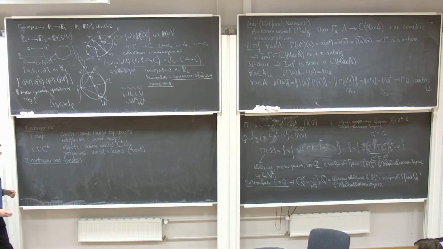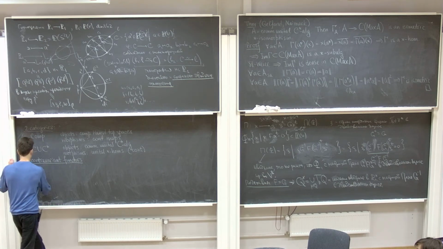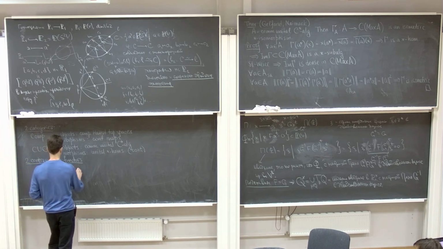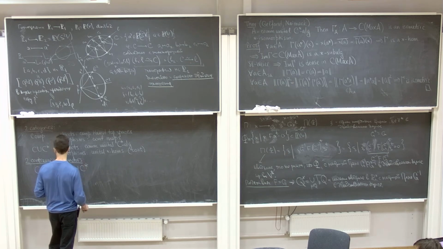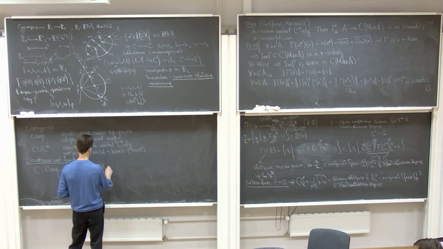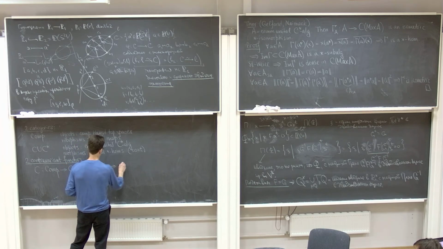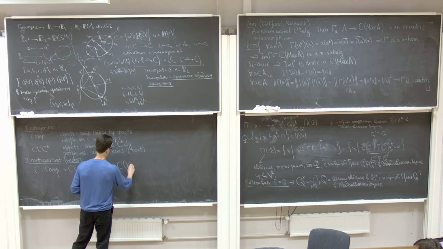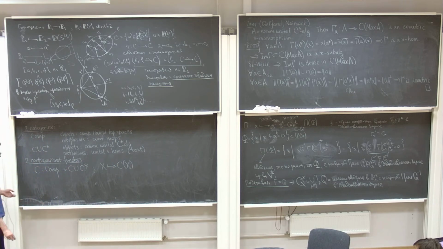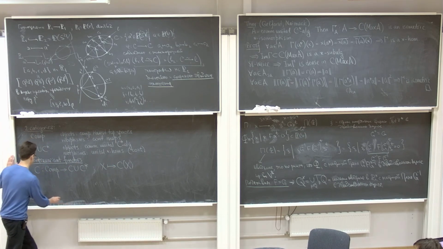The first functor already implicitly appeared at the previous lecture. We denote it by C. It acts from the category of compact spaces to the category of commutative unital C-star algebras as follows. It takes each compact Hausdorff space X to the algebra of continuous functions on X. So this is the action on objects. And the action on morphisms looks as follows.